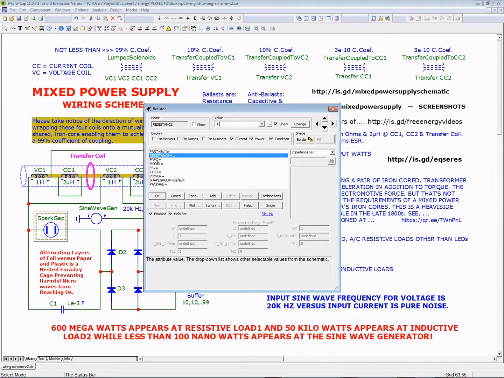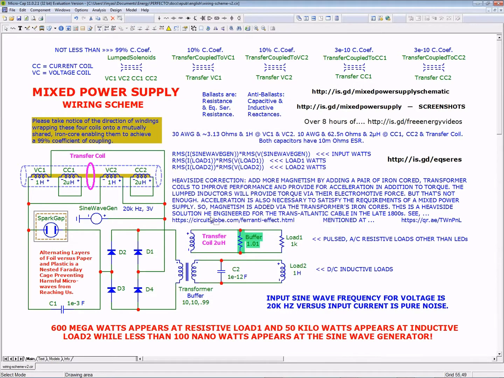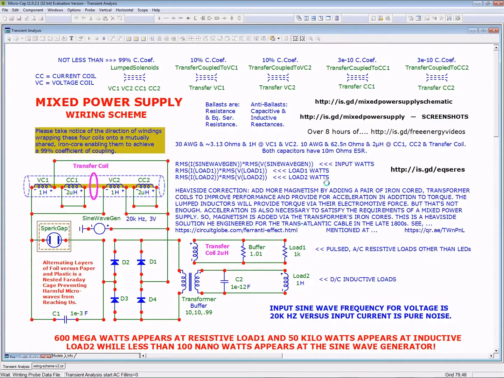Okay, let's do 1.01 just for the hell of it and see how that works. Now this is breaking the simulator, see? It doesn't mean I'm getting any advantage if it doesn't give me an answer.